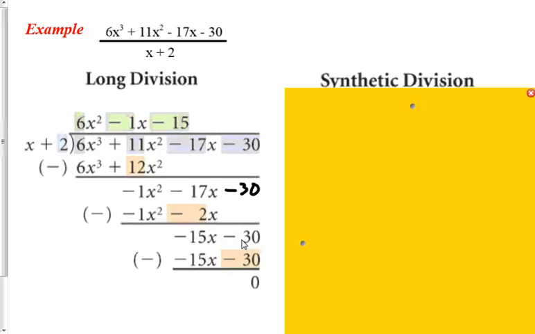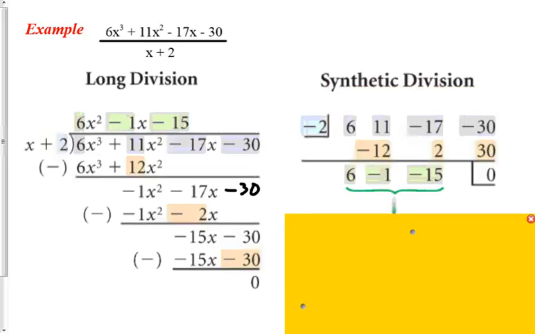Now, I would like to start with synthetic division. Before I can even reveal synthetic division, I need to check my initial condition. Is the number I'm dividing by a degree 1 polynomial? That is, there's only an x to the first in it, so in fact, x plus 2 is a degree 1 polynomial. Now, as I look in synthetic division, I have this negative 2.